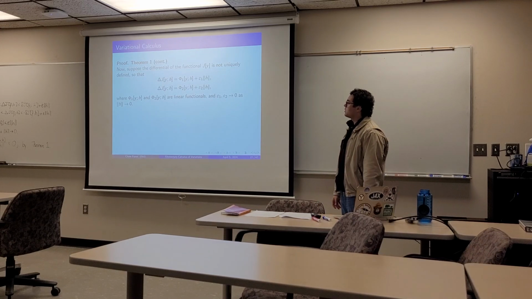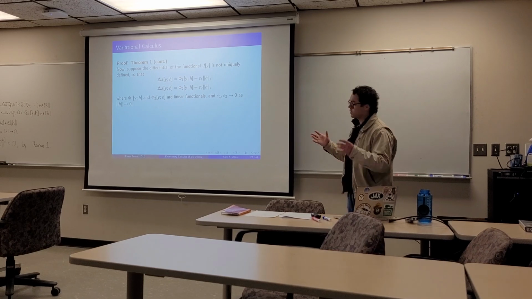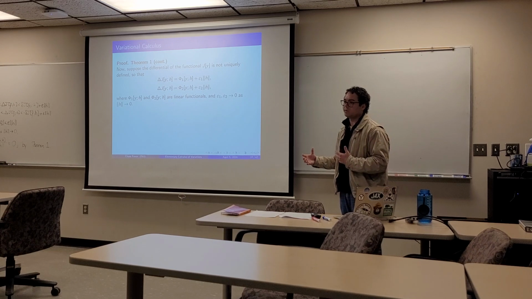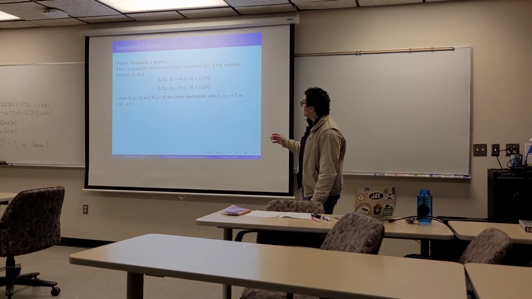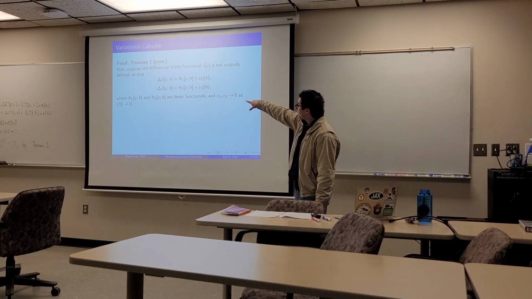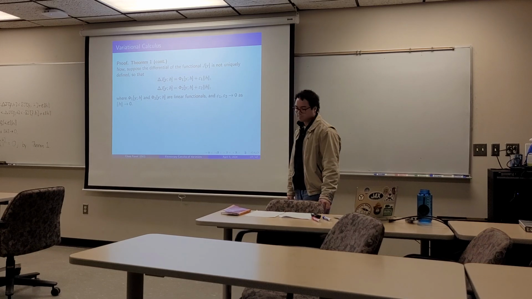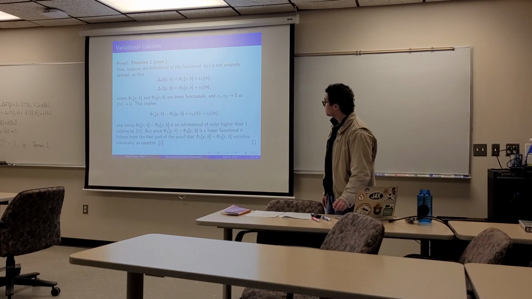Now, to show that it's unique, let's say that we have an increment and it has two different linear functionals that approximate it, phi1 and phi2. And we have that epsilon 1 and epsilon 2 go to 0 as we let the norm of h go to 0.